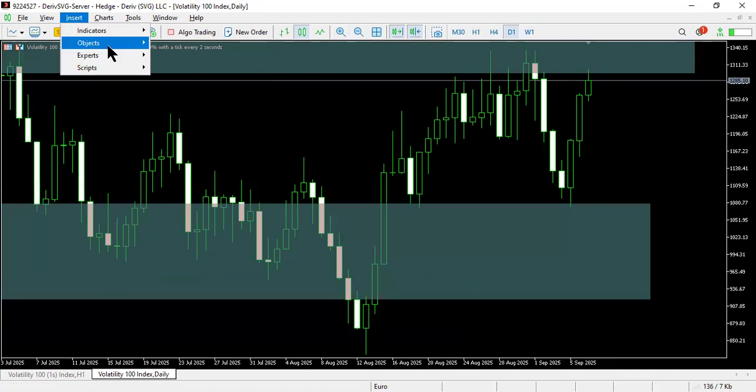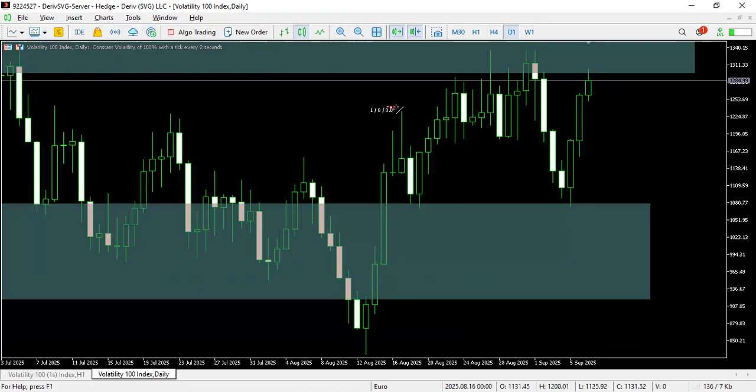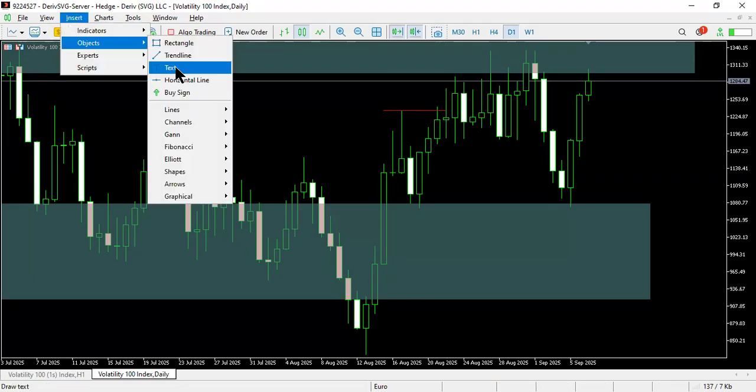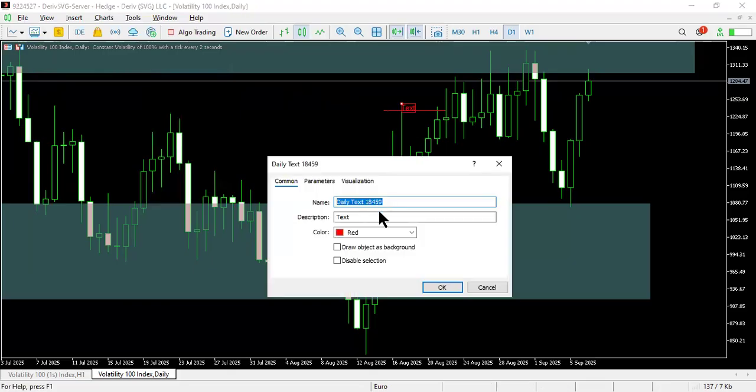So if we study the recent price action, we can see that is a break of structure. Price is still breaking structures to the upside. So we are pretty much in an uptrend.